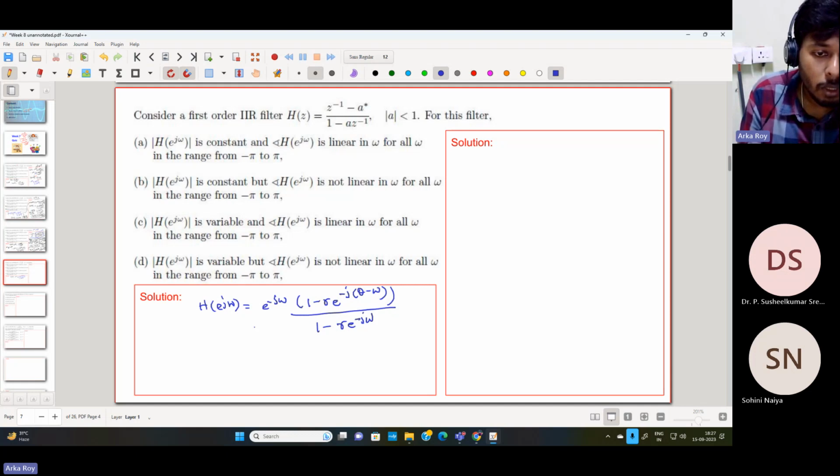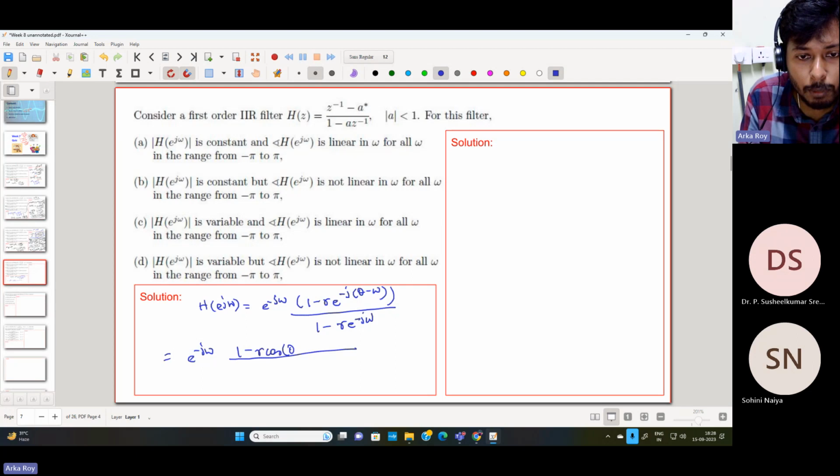So what we can do is expand this r e to the power j theta by the rule e to the power minus j omega, and then I can write it as 1 minus r cos of theta minus omega, plus j sine of theta minus omega.